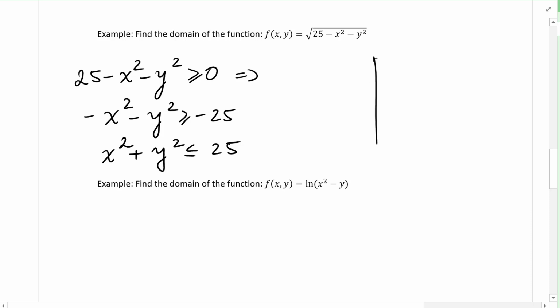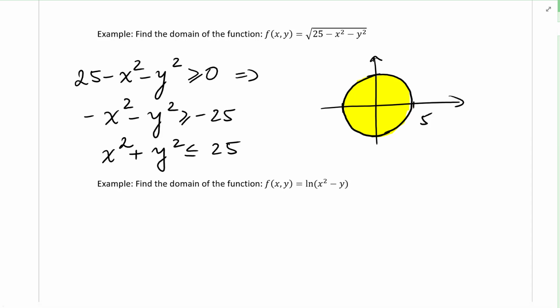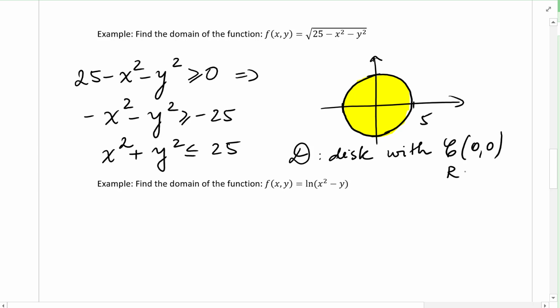Now what this inequality actually means is the disk. So the domain of the function is the disk with center at the origin, so center 0, 0, and radius 5.